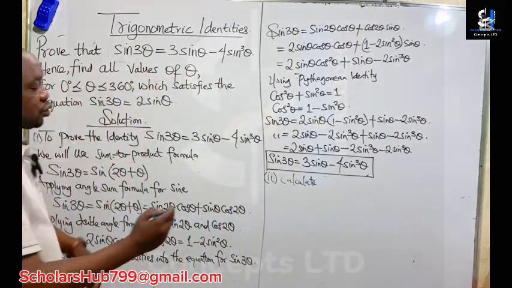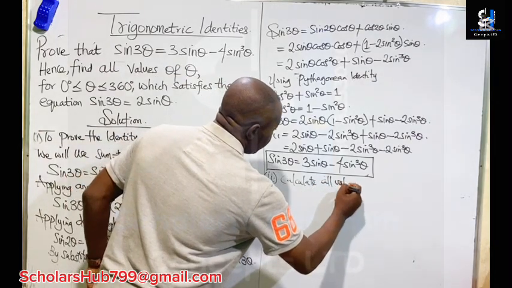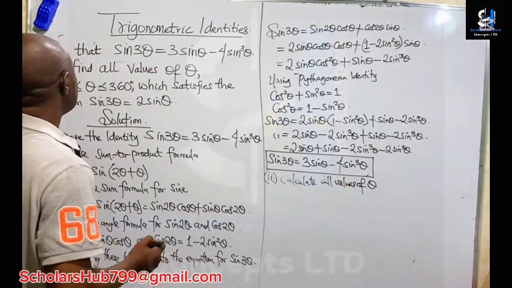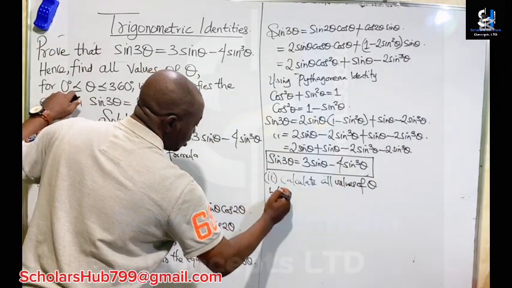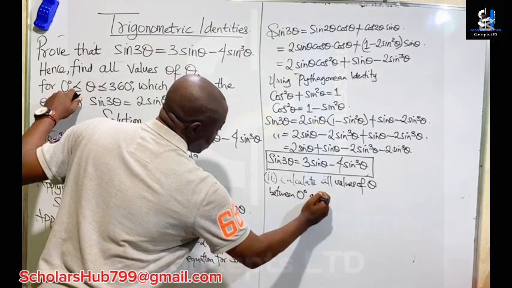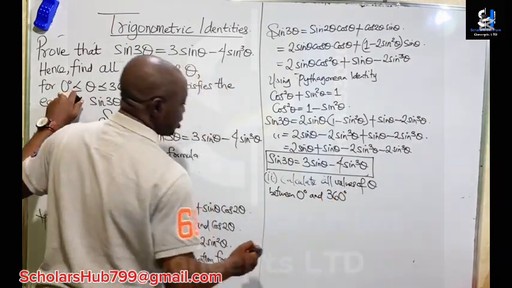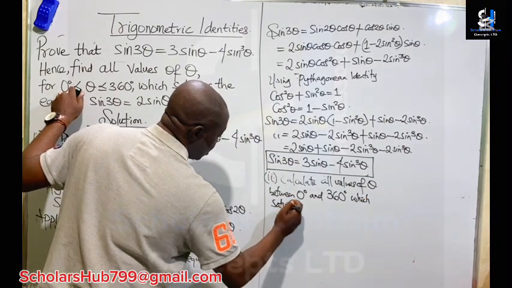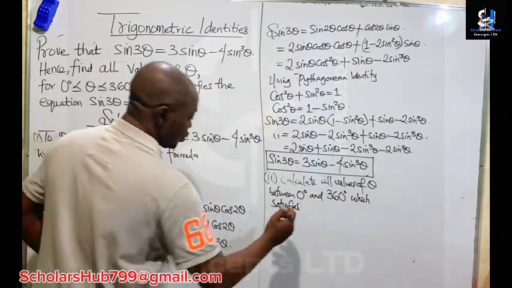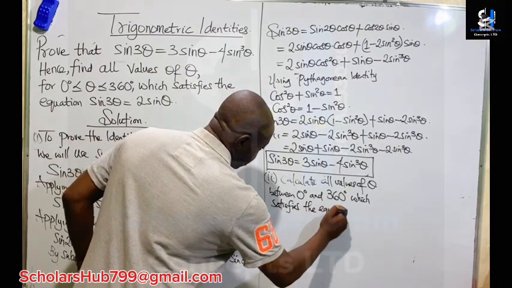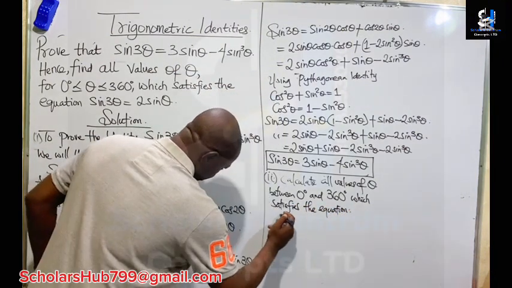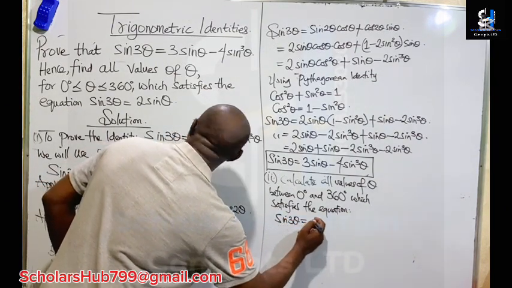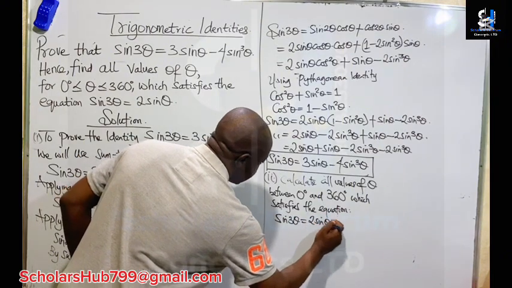So for Roman numeral 2, now we want to calculate all values of theta between 0 degrees and 360 degrees which satisfy the equation sine 3 theta equals 2 sine theta.